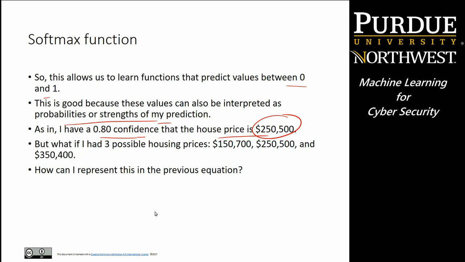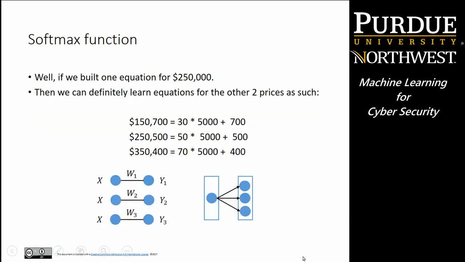So that's the interpretation. So let's think of it a little bit further. What if I had 3 possible housing prices, these 3? How can I represent this in the previous equation? So here we have this. If we built one equation for 250,000, we can definitely learn equations for the other 2 prices, right? Do you see that?